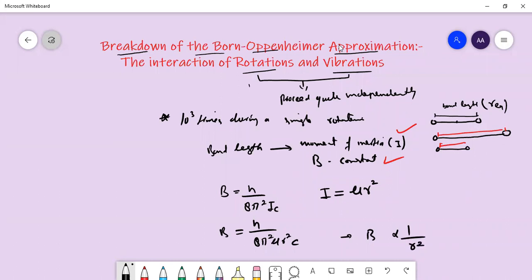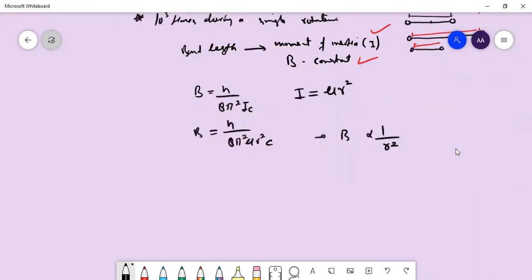It means that if there is any change in the bond length of the molecule, there will also be a change in the value of the rotational constant B. The relationship between B and r is inverse. It means if the bond length increases, the value of B will decrease. This is the important factor we are going to see from here.